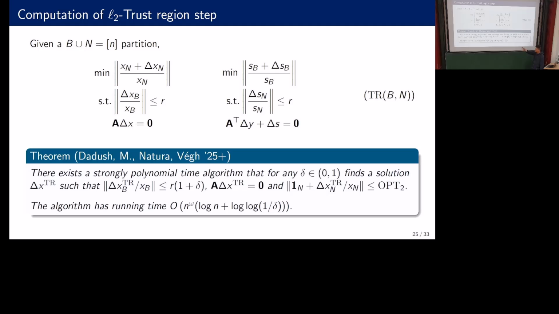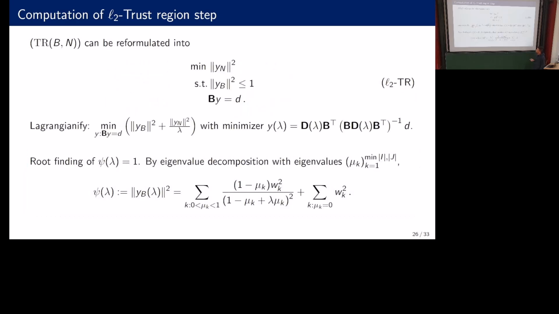The running time is n to the omega times log n plus log 1 over delta, where delta is the accuracy that we need. Perhaps I skip over this slide because this is just about how to solve this problem.